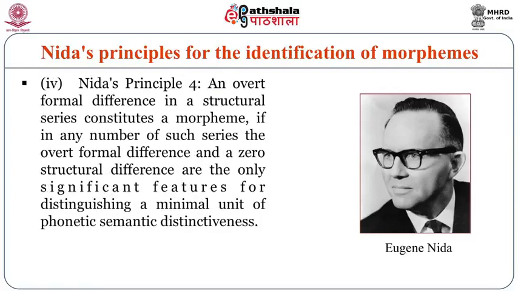Fourth, Nida's principle, which tells us that an overt formal difference in a structural series constitutes a morpheme, if in any number of such series the overt formal difference and a zero structural difference are the only significant features for distinguishing a minimal unit of phonetic semantic distinctiveness.